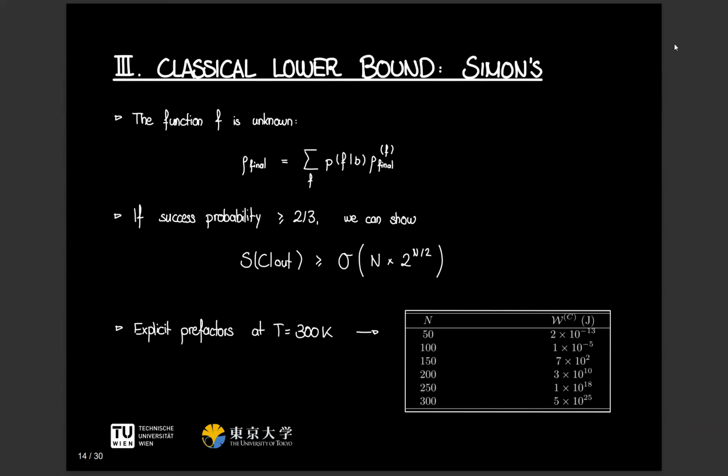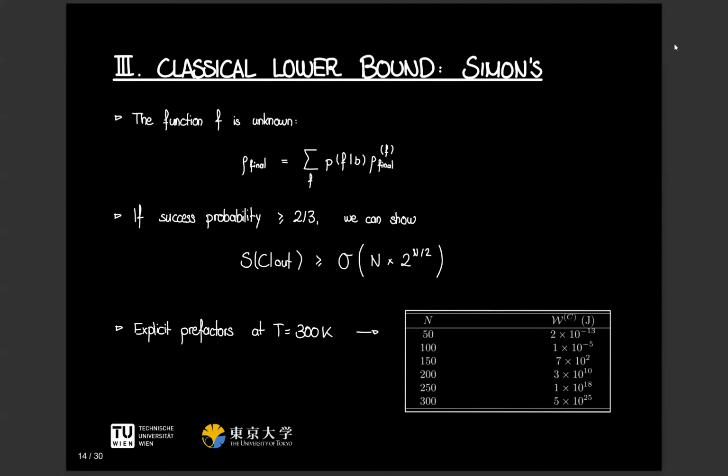So the output state you get is an average over all possible functions compatible with the output decision. And it turns out that regardless of whichever strategy you use to solve this classical computational problem with success probability greater than or equal to 2/3, the entropy is lower bounded by the input bit size n times 2^n, which is exponential in n.